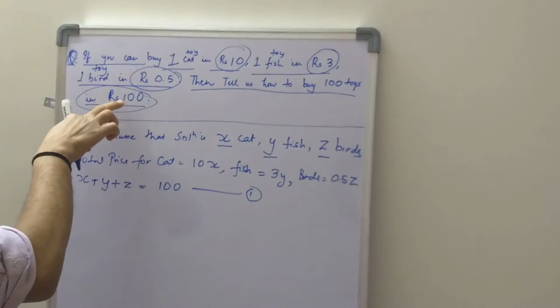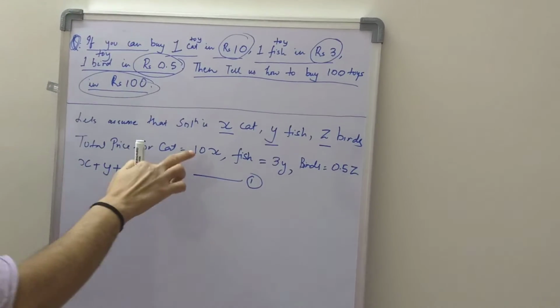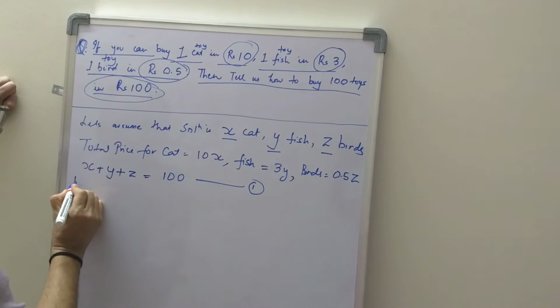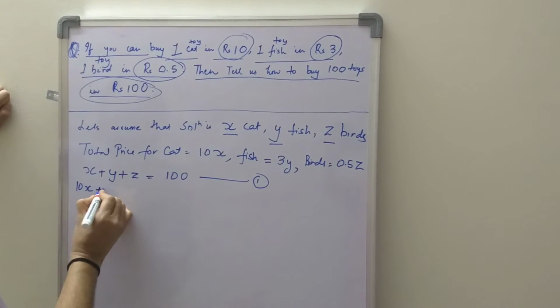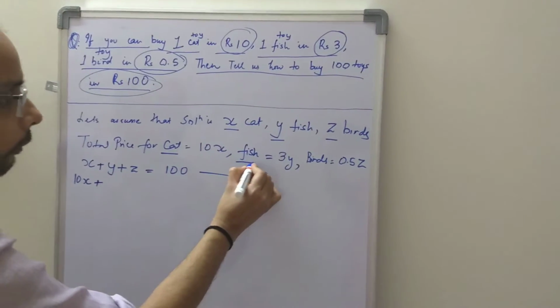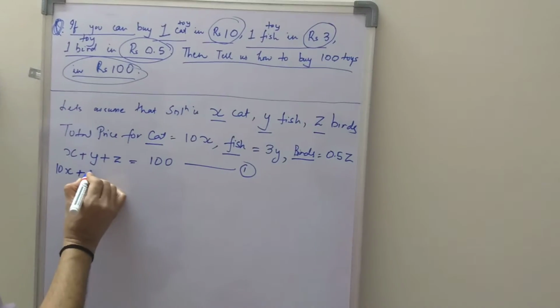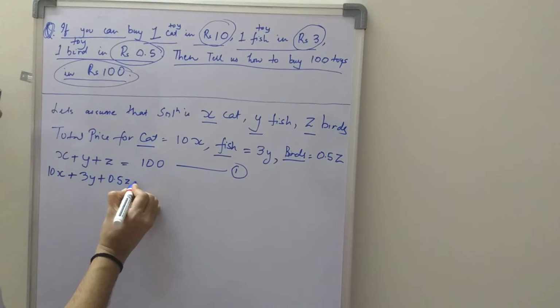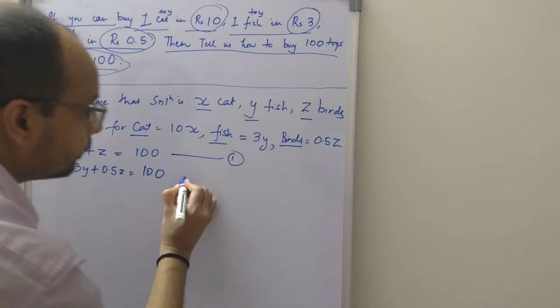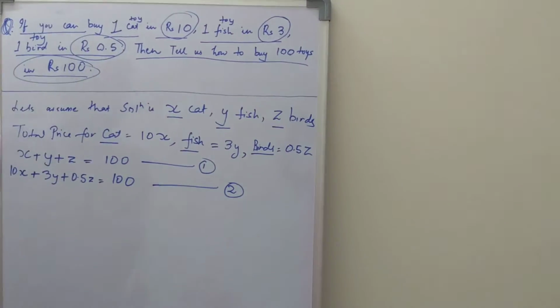Now it says the total amount should be 100, which is your second equation: 10x, the total price for cats, plus total price of fish and total price of birds should be 100. This is your second equation.